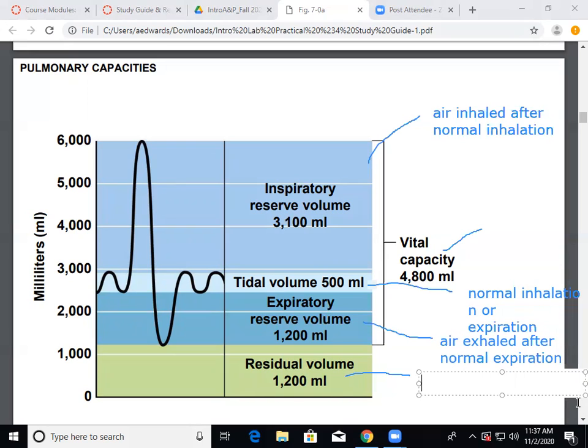Your residual volume is air remaining after forced expiration. So that's what these different terms mean, okay?